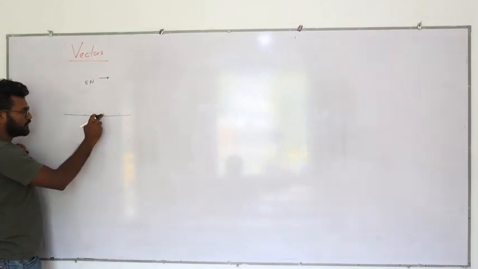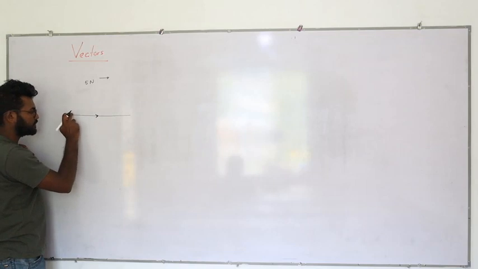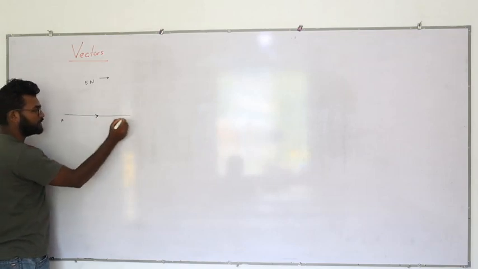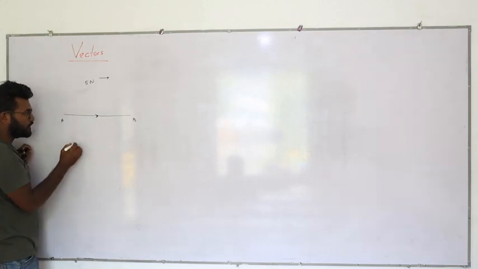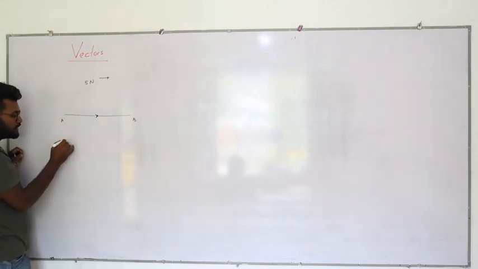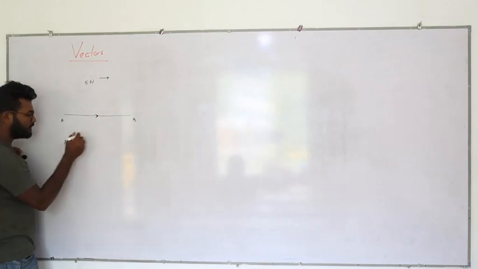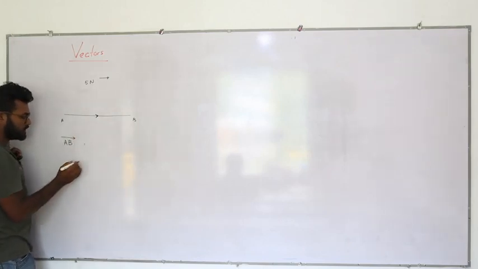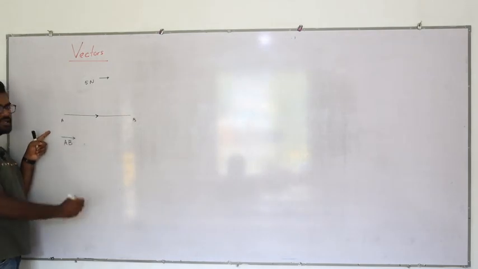And if you are going to name this vector, you can put AB here. You can write the AB vector, and you represent it like this, AB with a line at the top.